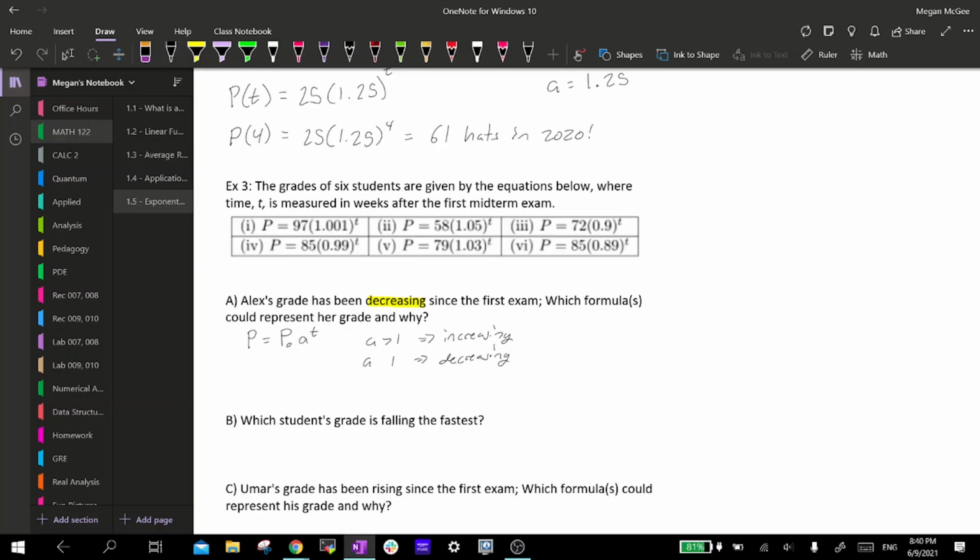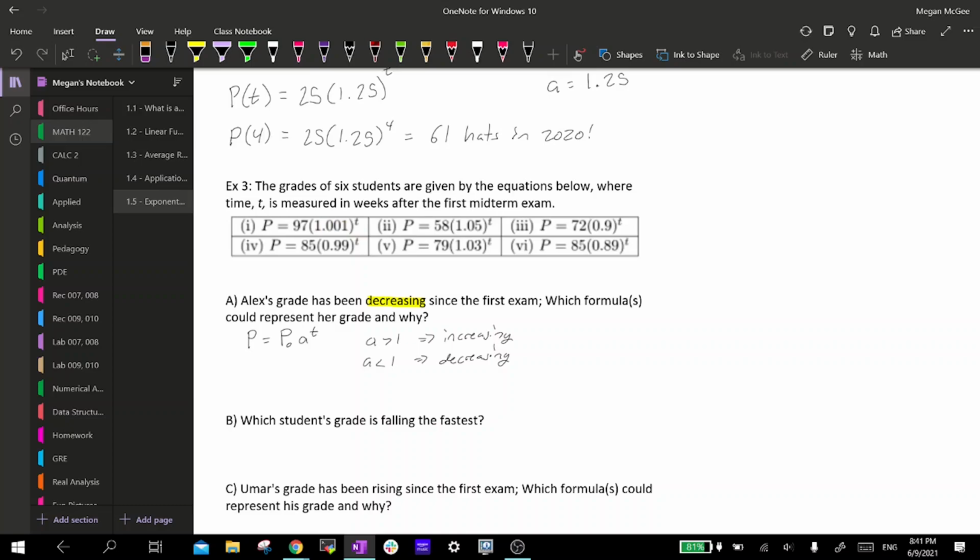So we are looking for formulas in the table that have an A that is less than 1. Let's look at equation number 1. Equation number 1 has A as 1.001. That is greater than 1, so it's not number 1.